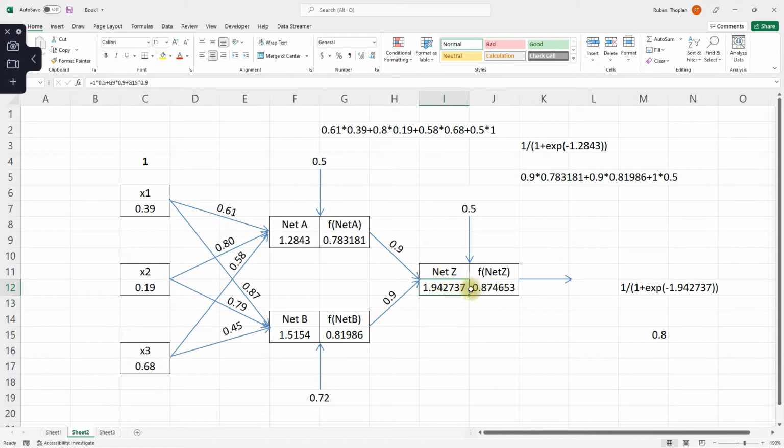What we just did here is that to obtain this output, we took the value of net z, which is obtained through the combination function for the combination of these different inputs, and we substituted this value into the function of sigma z, and we got our output.